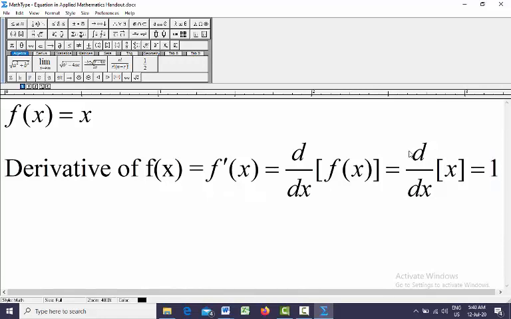So remember, when you want to do differentiation of x only with respect to x, the answer is 1. This is the formula.